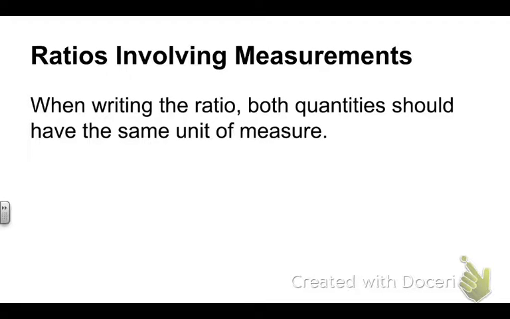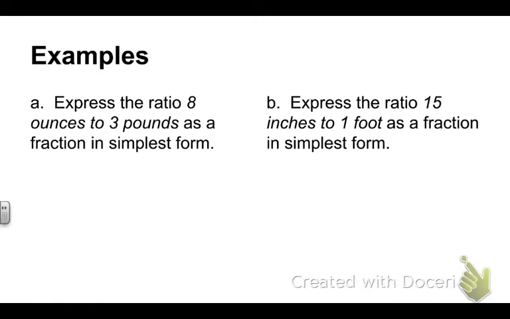Now, when you have ratios involving measurements, when writing the ratio, both of the quantities should have the same unit of measure. So, for example, in part A, express the ratio 8 ounces to 3 pounds as a fraction in simplest form. I want it as a fraction, so 8 ounces, I need some labels here. 8 ounces out of 3 pounds. With measurements like this, the units need to be the same.